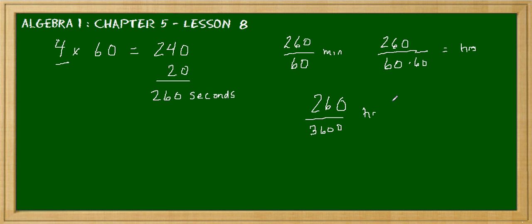Now, why are we doing this and what makes sense about it? Well, if I told you that something was 6 inches tall, like a little vase, and now I ask how tall is that in feet? You would say it's 6 inches divided by 12, because there are 12 inches in a foot.